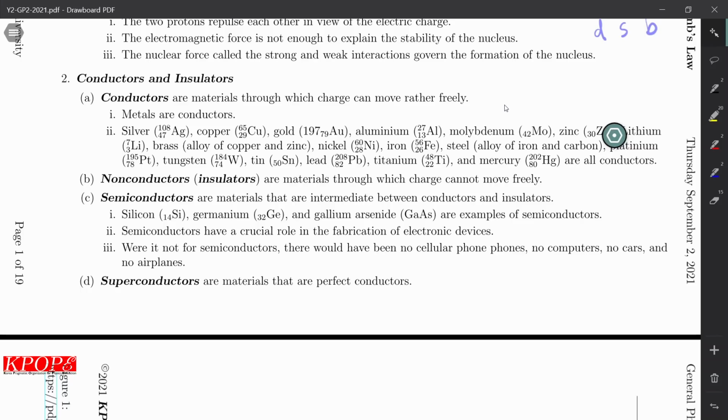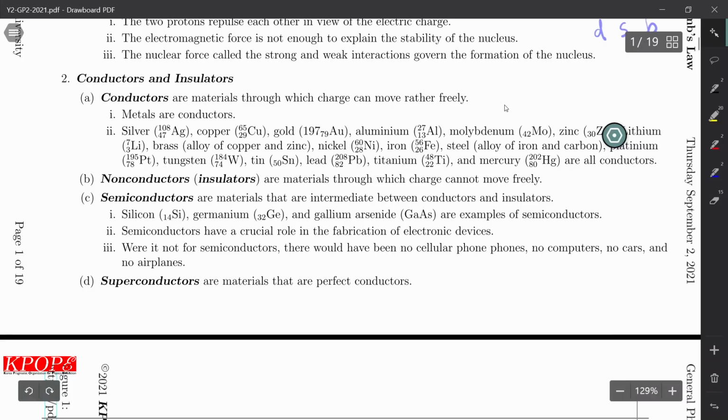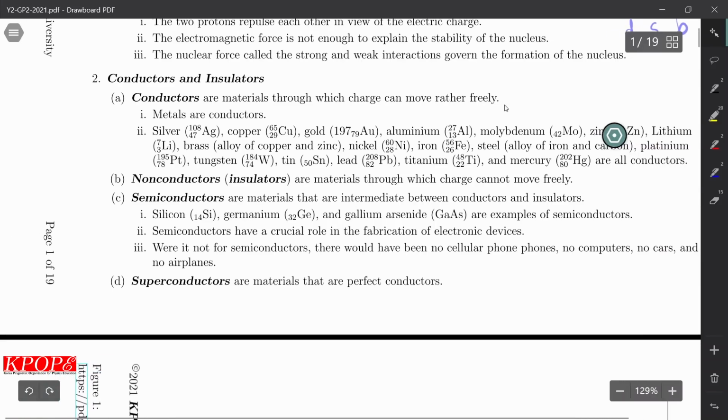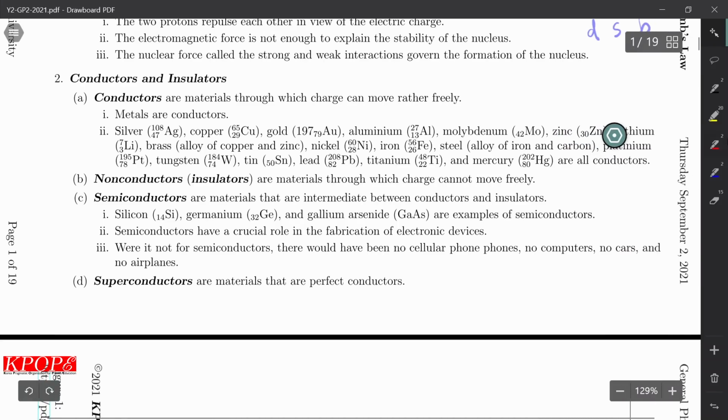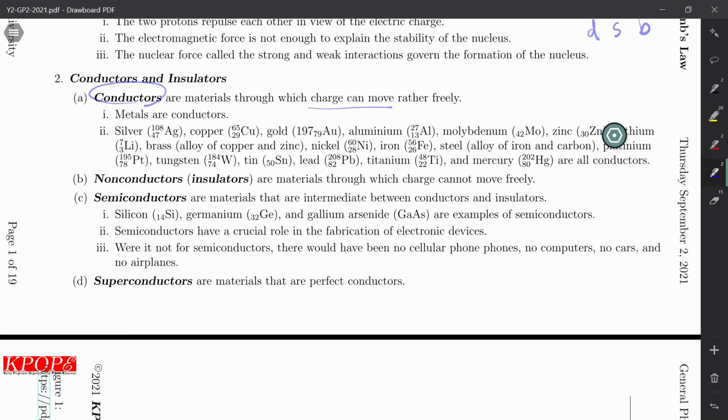In view of electrical properties, we consider conductors and insulators. Conductors are materials through which charge can move. Opposite to conductors, insulators. Inside insulators, theoretically, charge cannot move.